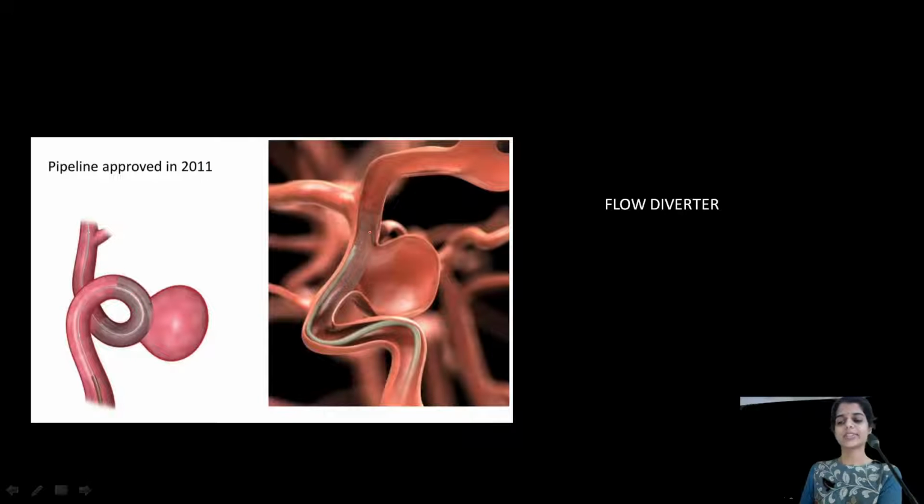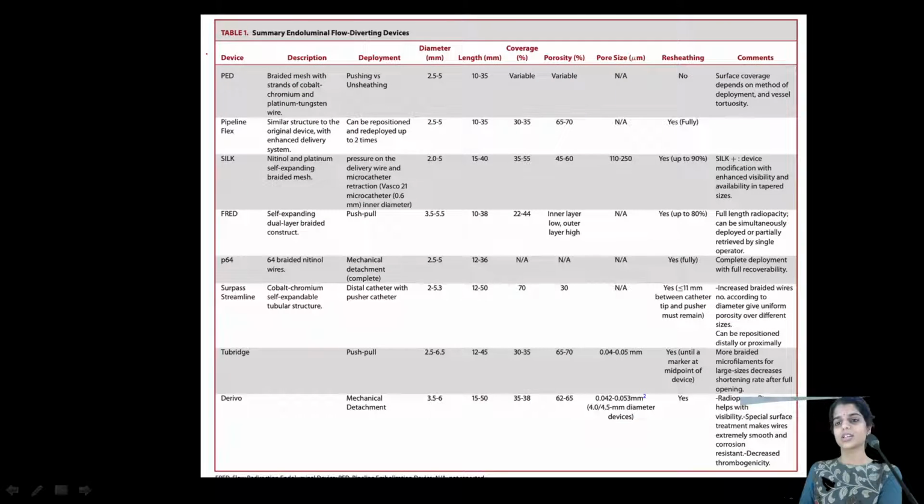Flow diverters are very flexible. These are braided stents, and they cause flow diversion, as we have already discussed, with complications. There are different flow diverter devices available in the market, popular ones being Pipeline, Silk, FRED, Surpass, and Derivo from different companies.